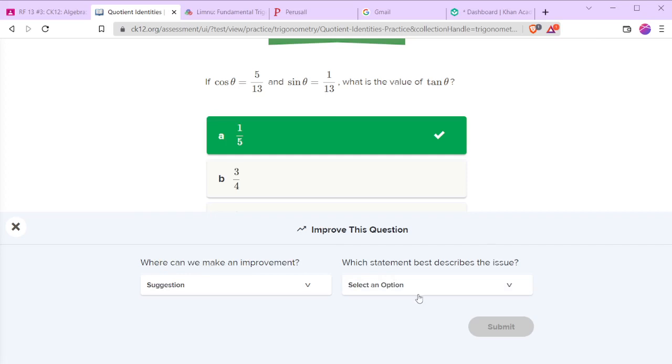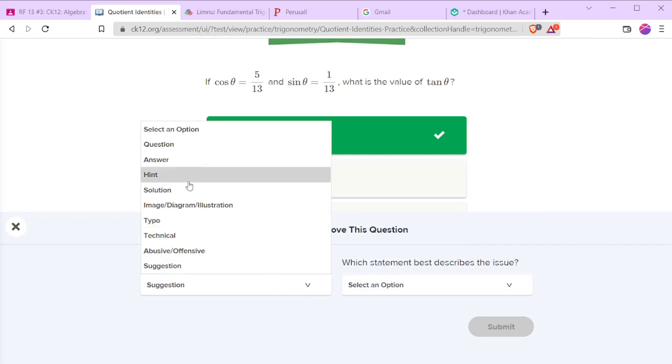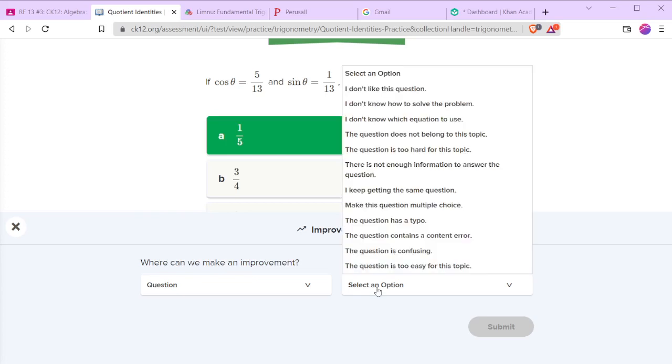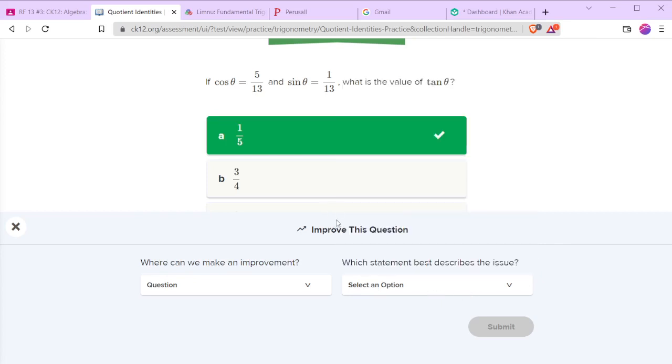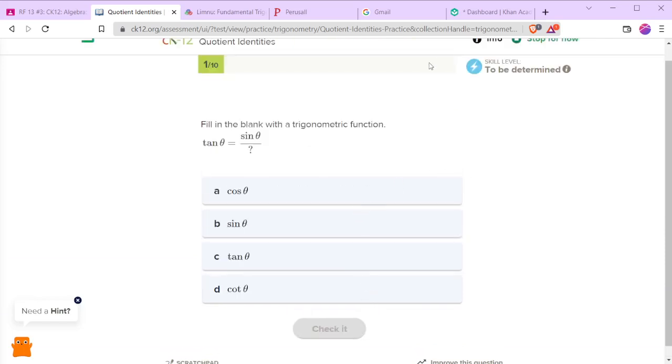So the suggestion. Let's see if there's a way I can generally put this on here. I don't think we can, so never mind. But yes, this should have sine theta is 12 over 13 to make it actually true.